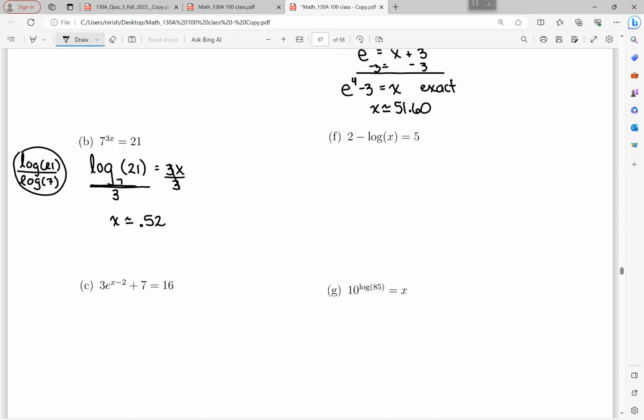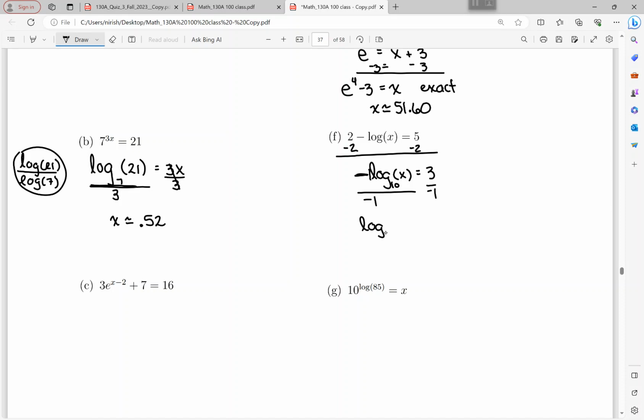On letter F, we're going to subtract the 2 first. And before we rewrite this, knowing that the base is 10 when I don't see it on the word log, I still have to get rid of this negative in front. That's negative 1 times that log. So I have to divide by negative 1 on both sides.